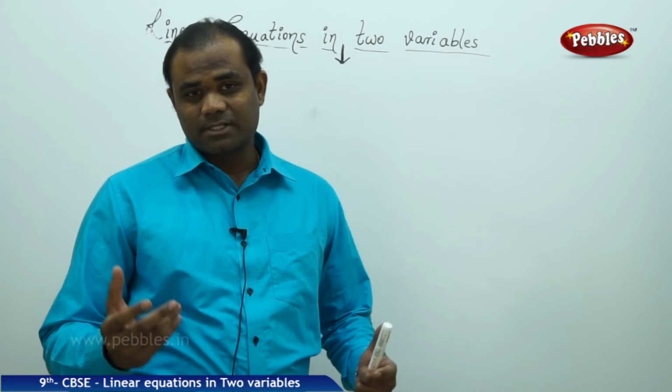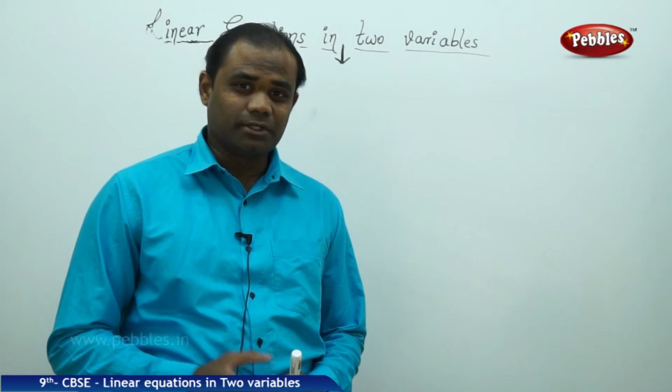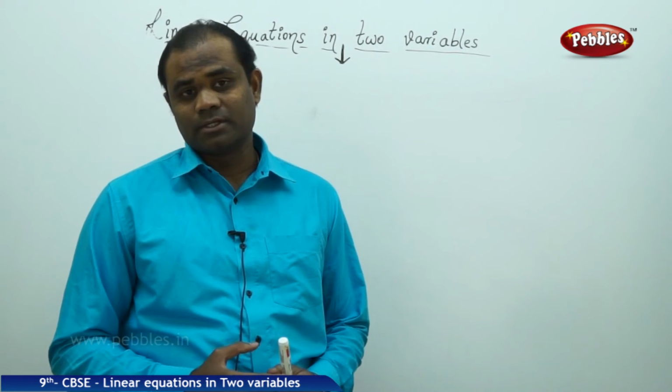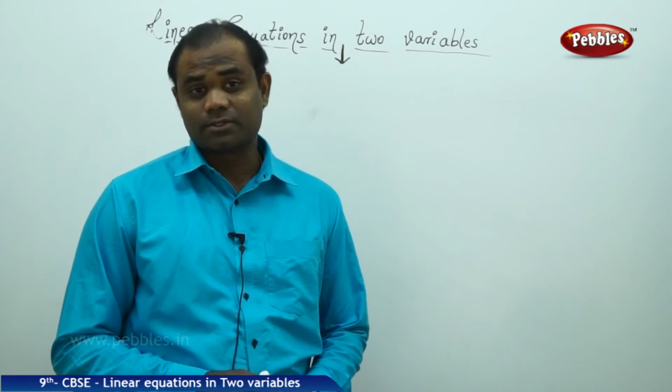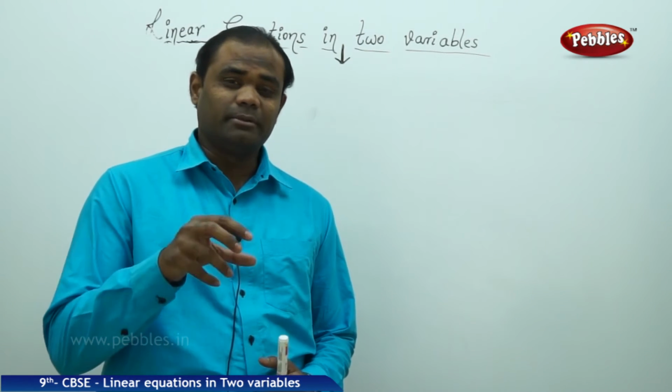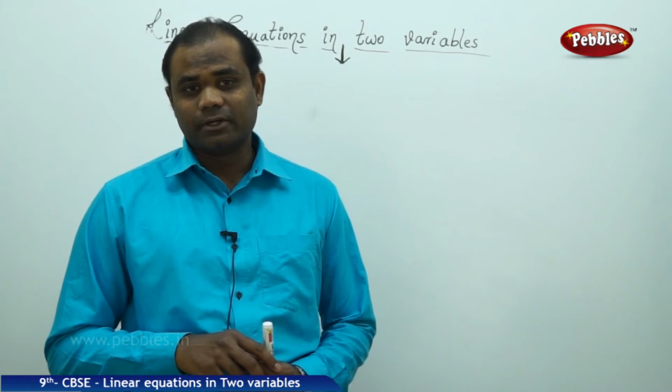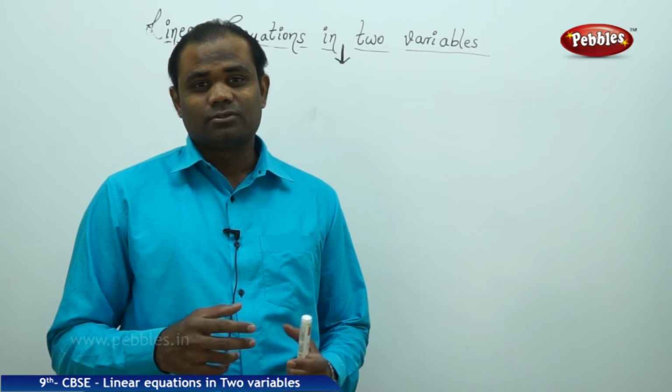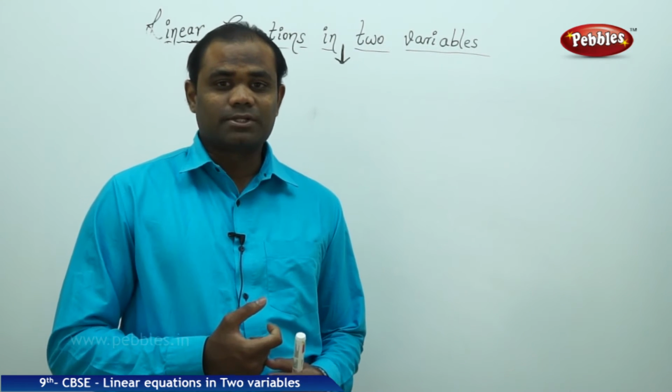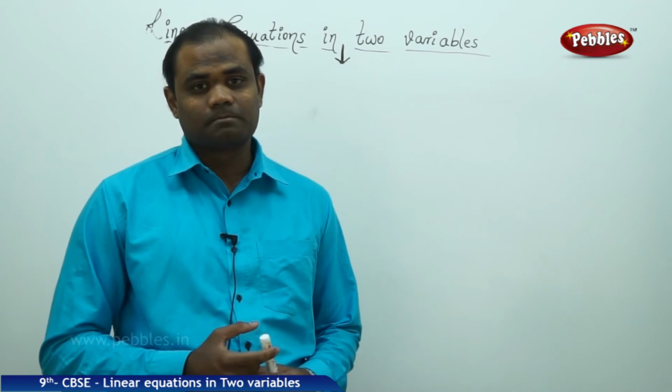Now that we have discussed about a linear equation in one variable and two variables and its respective solutions and the conditions and limitations involved with the linear equations, now let's try to do some example problems to understand the concept better.